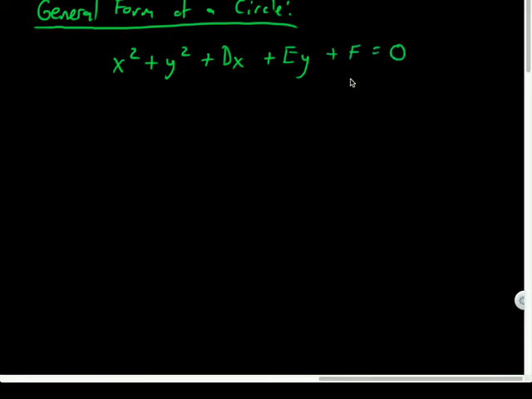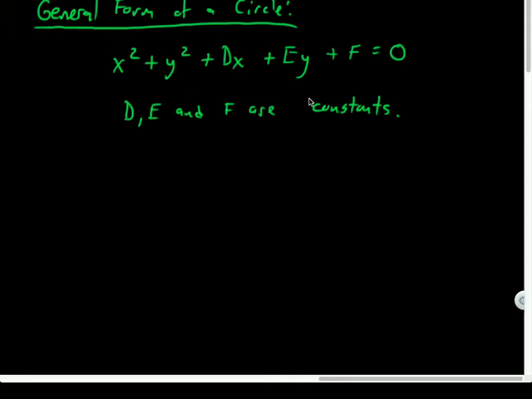Although I have seen some texts will actually have the F on the other side of the equation, so there is that subtle variation here. And where D, E, and F are constants. All right, so those are just like any old numbers.